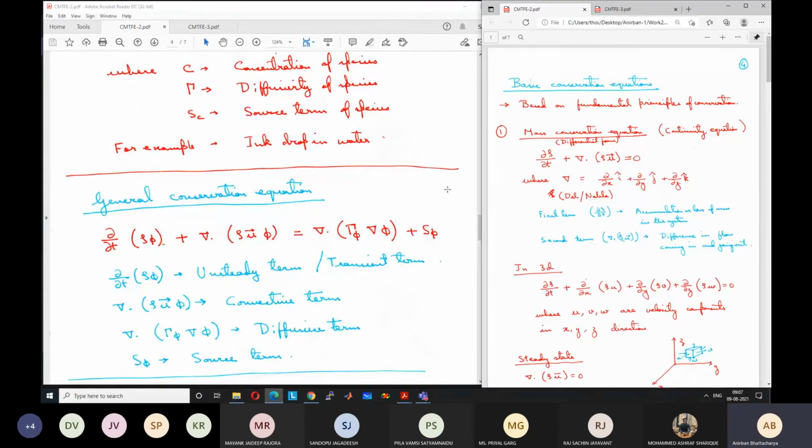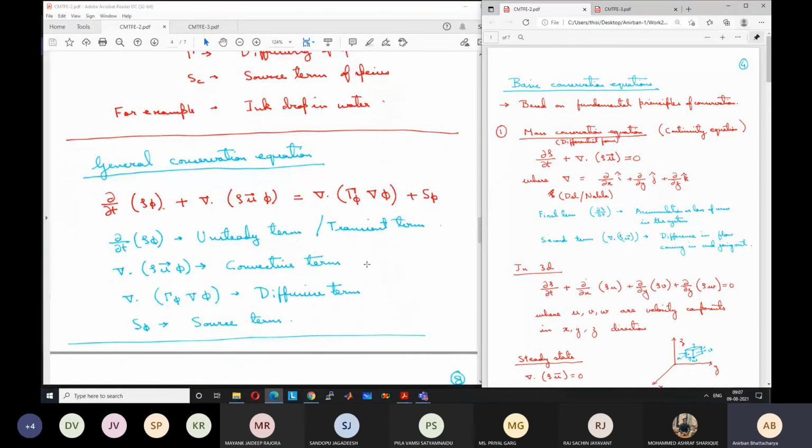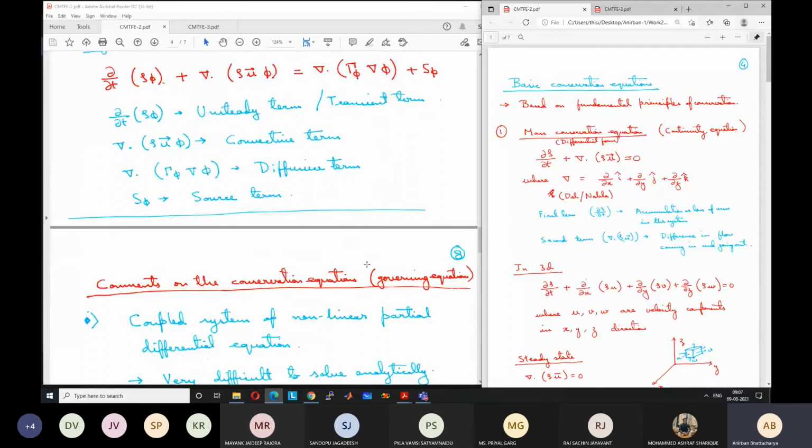So these are the four terms, and writing all the conservation equations in this form has a lot of significance, because our task in the entire course is to develop numerical algorithms for discretizing each of these terms.